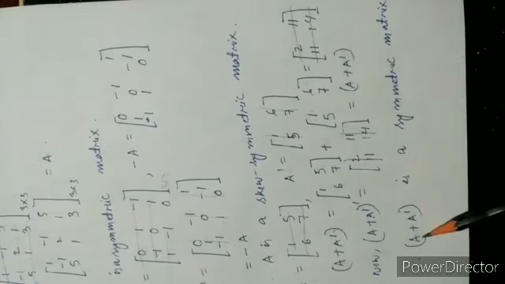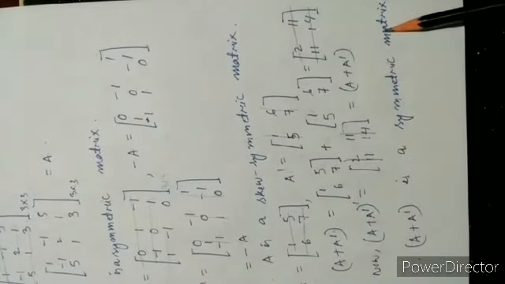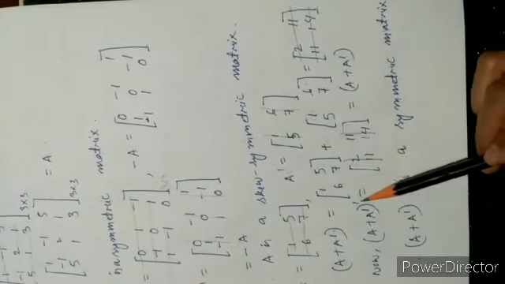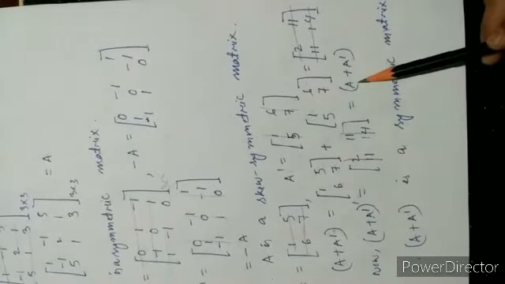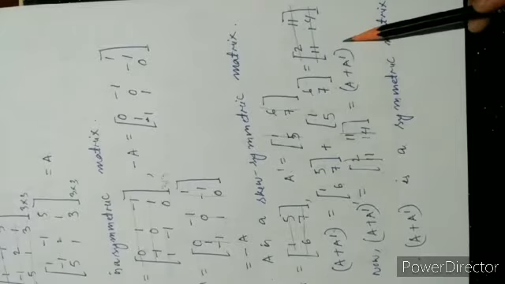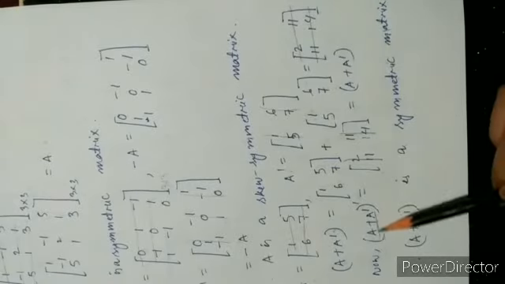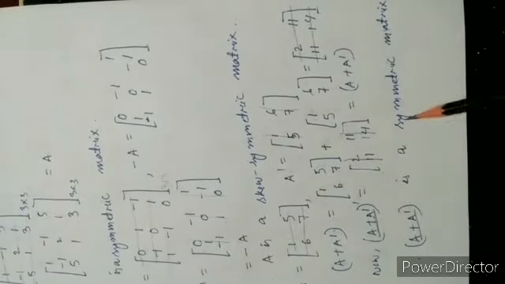Therefore, the expression A plus A dash is a symmetric matrix. This expression is called a symmetric matrix. Now for Roman number 2.